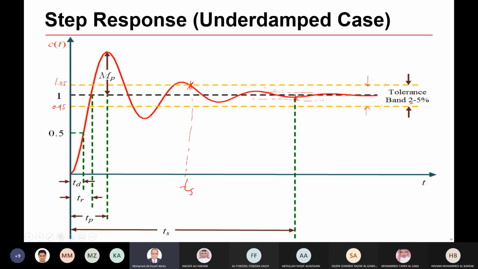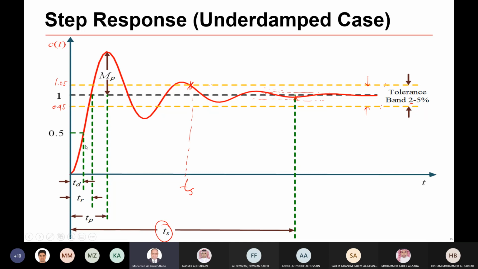So this assumes that the response will enter the boundaries of the 2% and stay there from that time. Of course, we need to have a small settling time in the time response. Then this will reflect the transient period. The smaller the settling time, the better the response, and also the deviation. Definitely, you don't want a high overshoot, and sometimes you can destroy something.